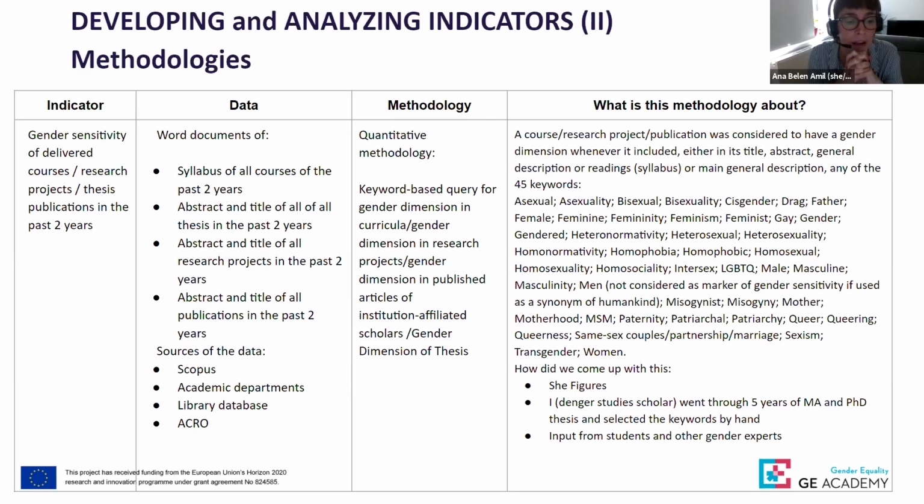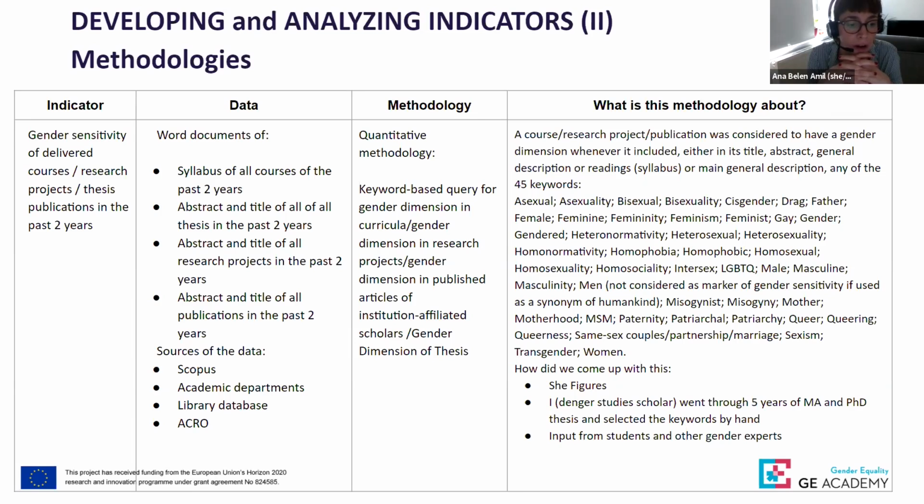I don't know if you're familiar with Scopus, but that's the biggest, or most reliable, database on publications. We had our academic departments, at whose doors we knocked to give us their syllabi of the courses. The theses were in the library database, so those are uploaded, easy to find.